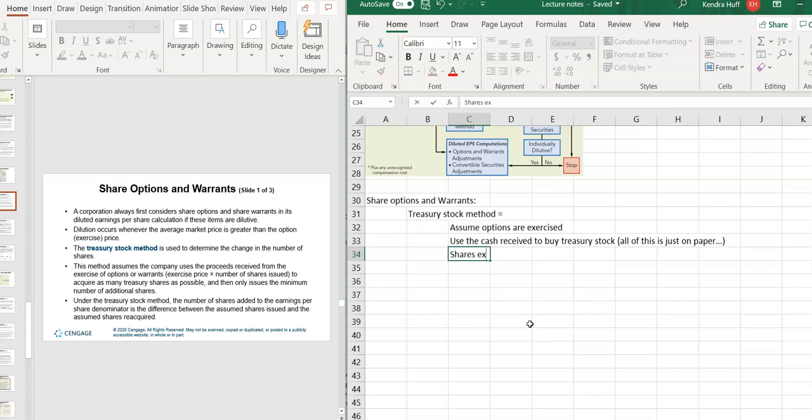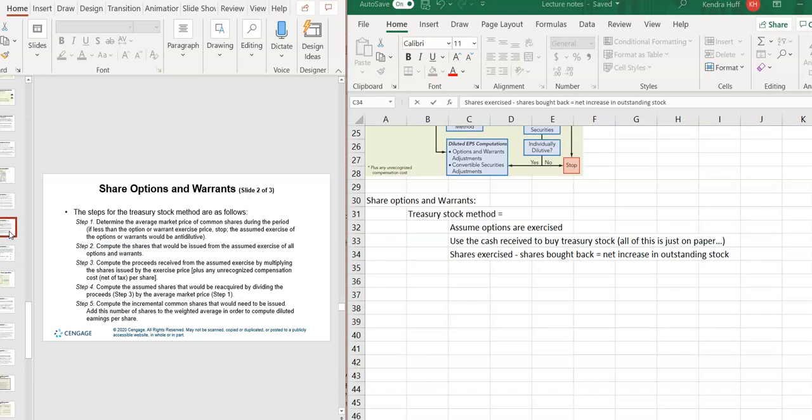All right, the shares exercised minus the shares bought back equals the net increase in outstanding stock. Okay, so let's see if they gave us some numbers to deal with.